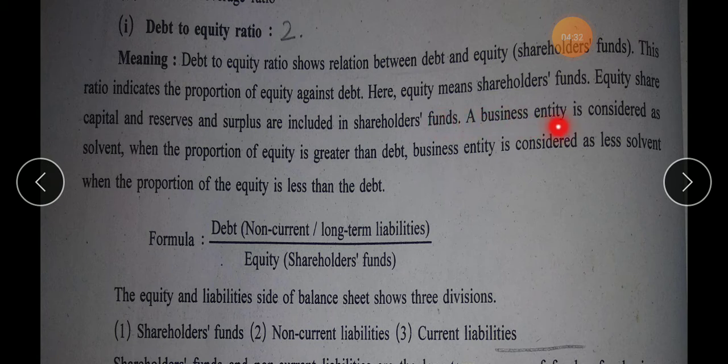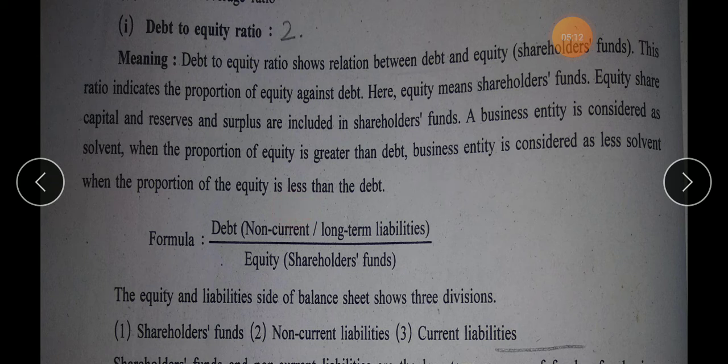A business entity is considered as solvent when the proportion of equity is greater than debt. Obviously, equity share capital is the capital of the company, whereas debt is a liability. So obviously, when the proportion of equity is greater than debt, the business entity is solvent, and it is considered less solvent when the proportion of equity is less than the debt.